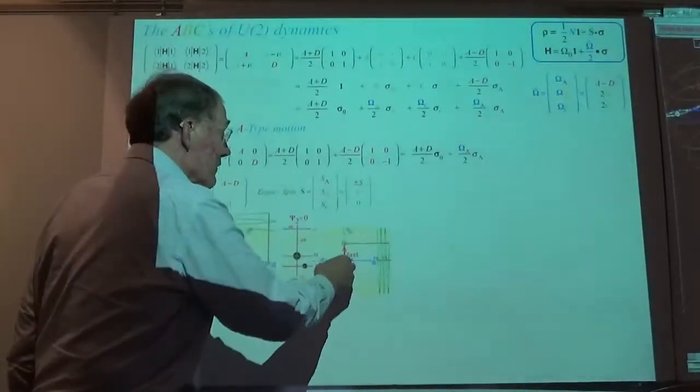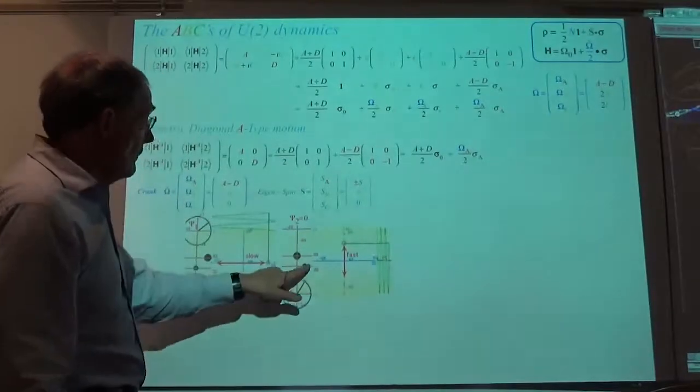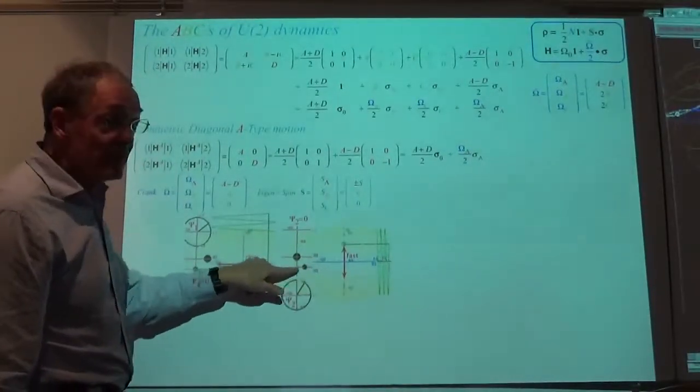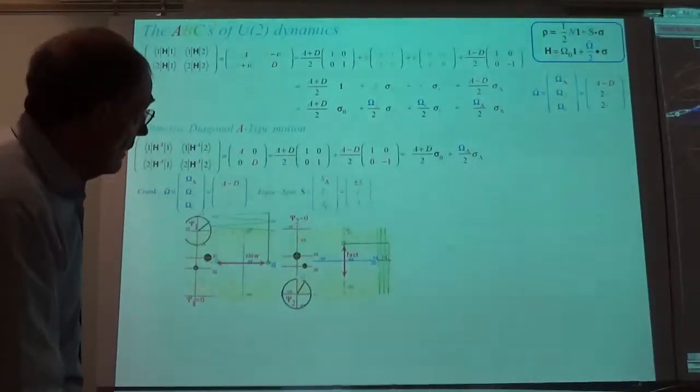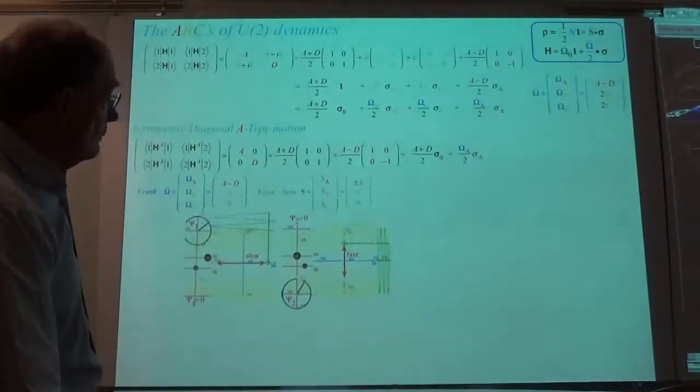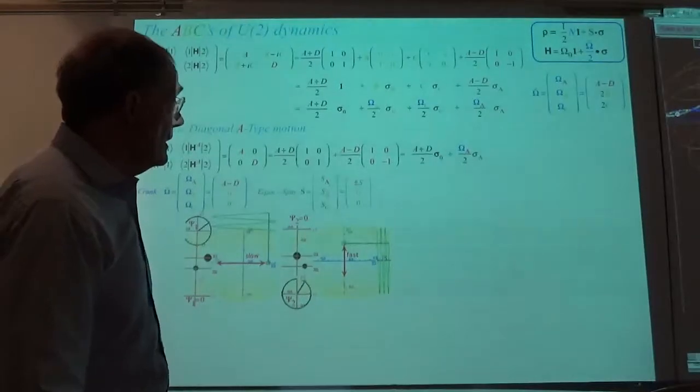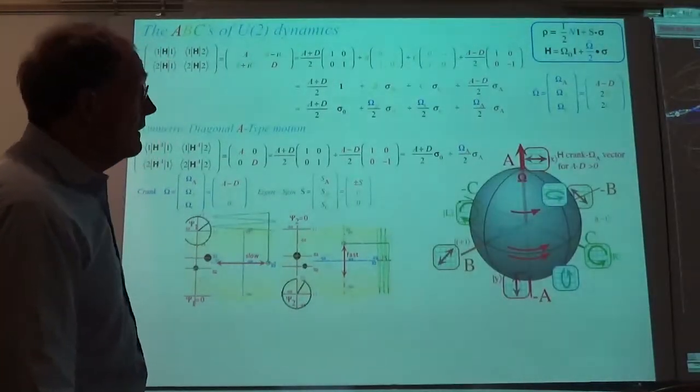Or you could go on the minor axis, which is the fast axis. That would be just a motion of the little guy. We went through this before, right? And if you're reading this on a movie, you can go back and look at that.